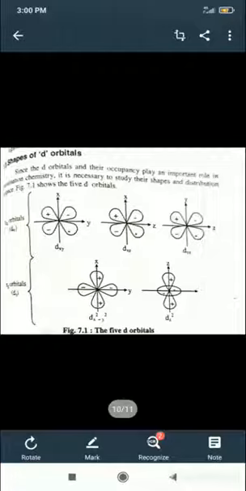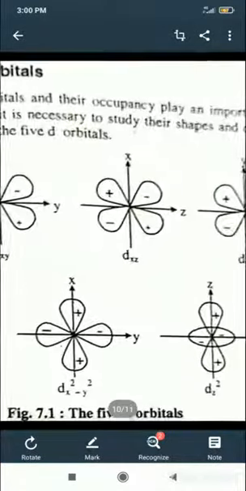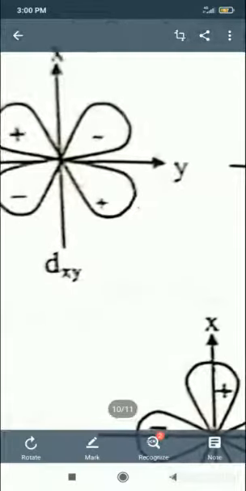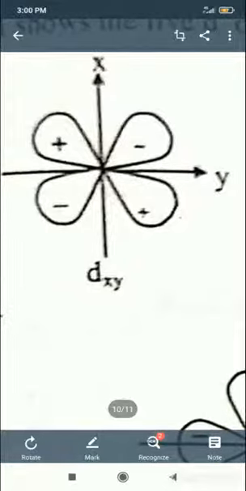So, the first one, that is dxy, concentrate on the lobes. So, this is dxy. Understand? See, the lobes are in between the axes x and y.